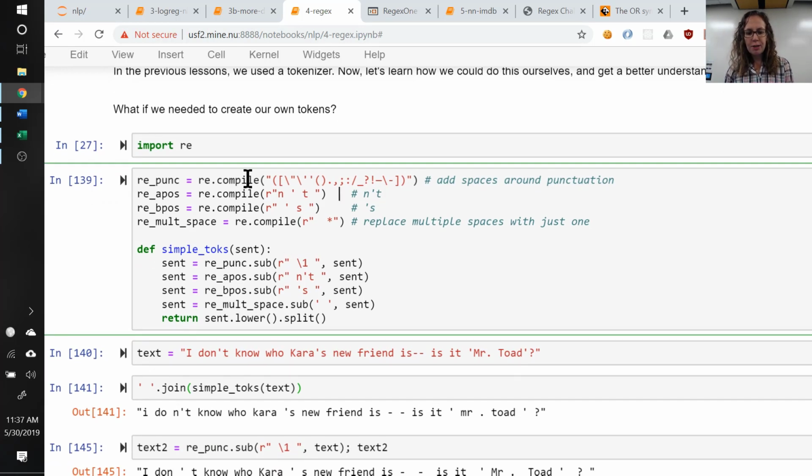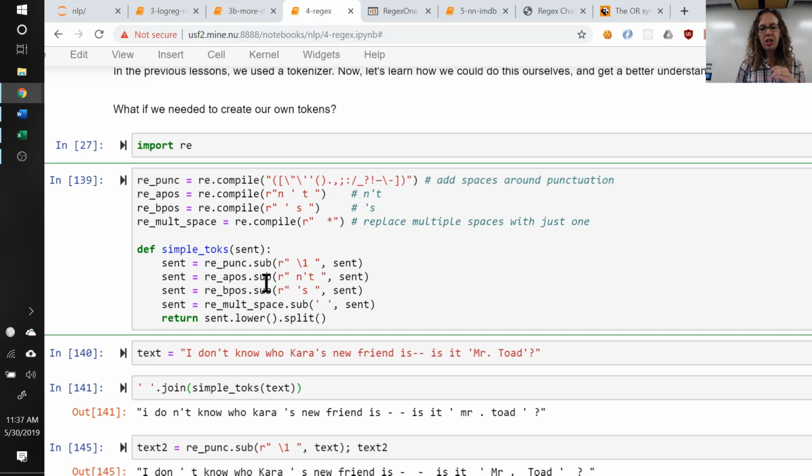So here we're going to be using, from Python's re library, re.compile to create these regexes, and then .sub to substitute in what we want. So here, writing a method that will take a sentence.